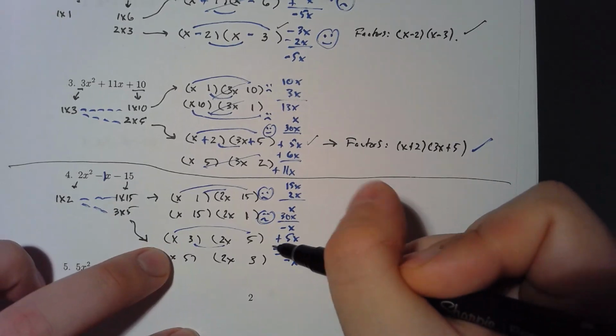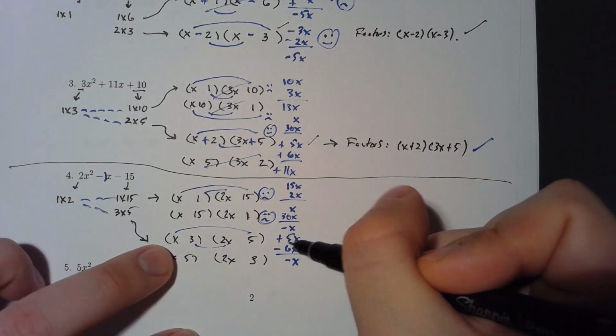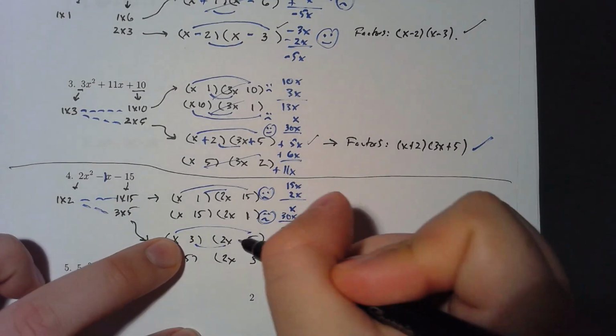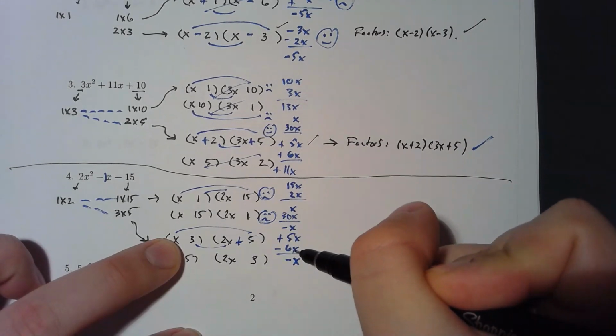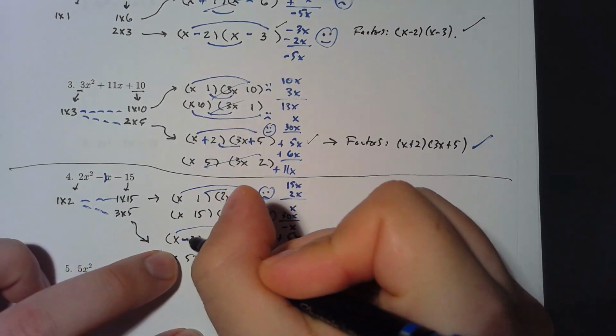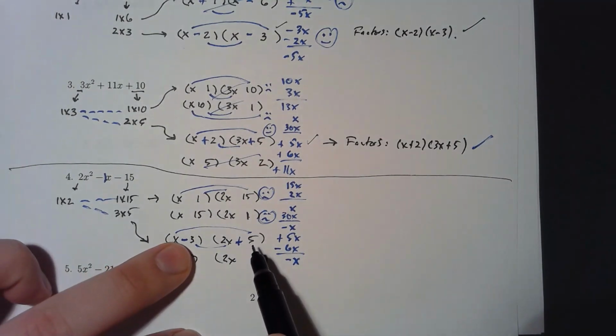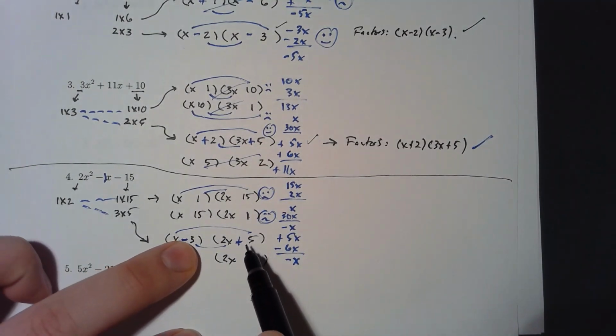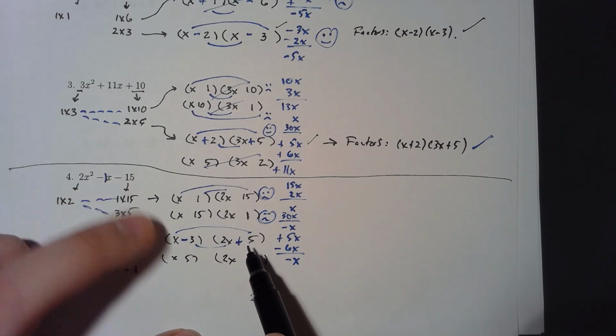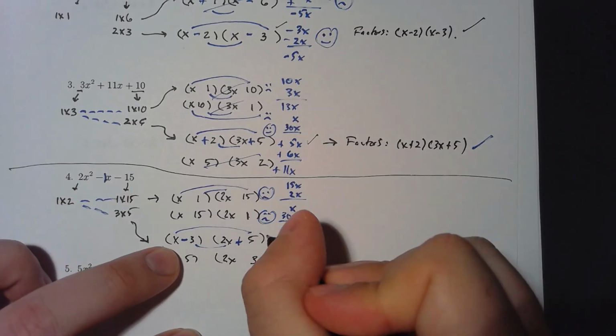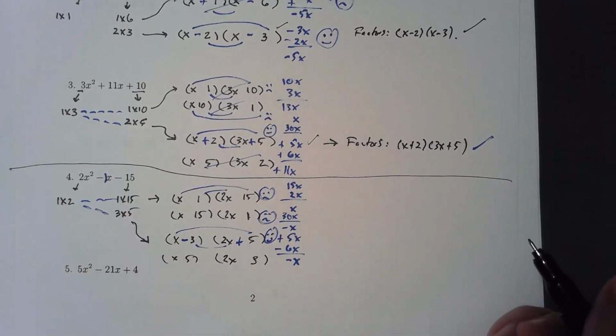So in order for that to work, the 5x must be positive. So the outside must be positive, and the -6x must be negative. Now the only thing I have to check here is if the outside works. Does -3 times 5 give me -15? It does. Aha, ha. So that combination looks good.